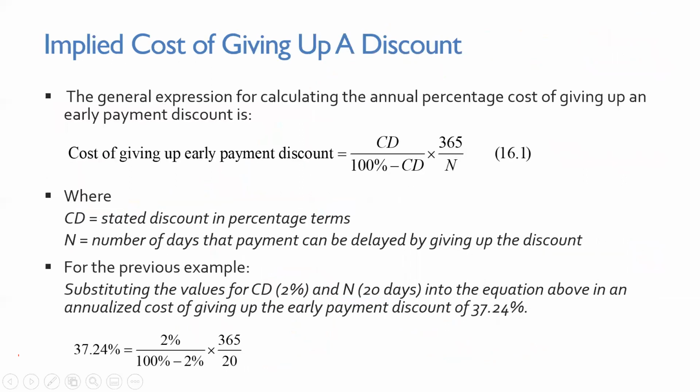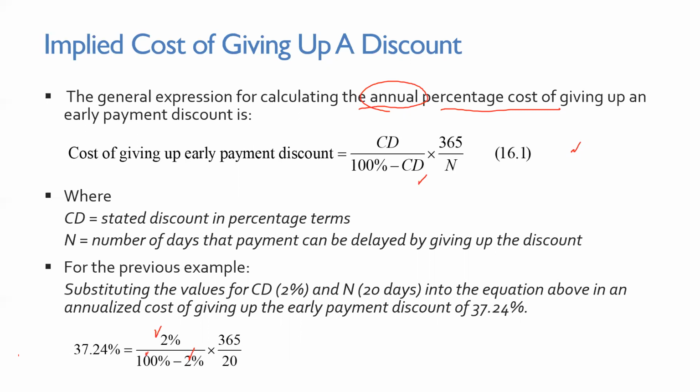Now, what is the implied cost of giving up a discount? So the general expression of calculating the annual percentage cost of giving up a discount is given by this formula. Okay. CD over 100% minus CD times 365 over N. CD is the cash discount in percentage terms. So in our case, that's 2% over 100% minus 2%.